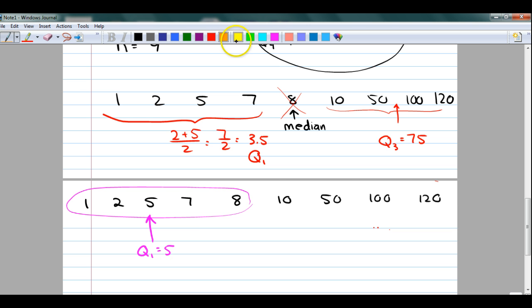Let's include the median in the last half, because if I include it in the first half, I have to include it in the last half. And now Q sub 3 is 50. Those are both accurate quartile calculations, but they come out very different.